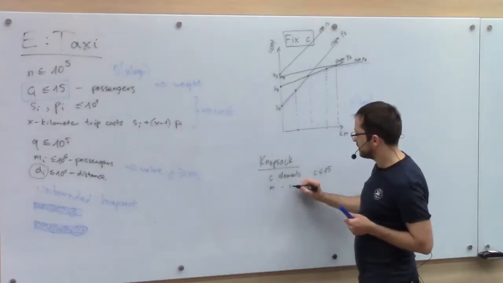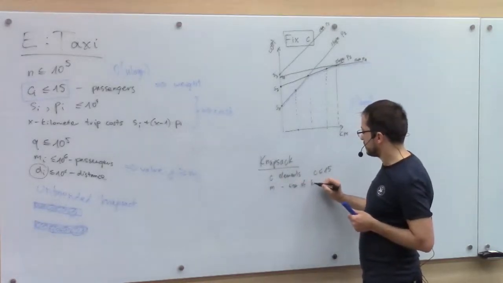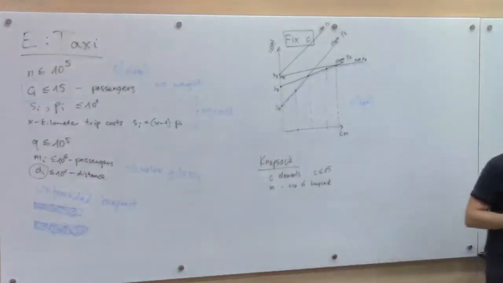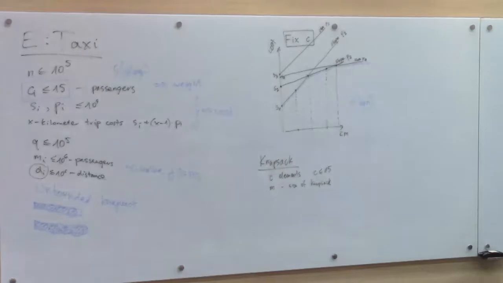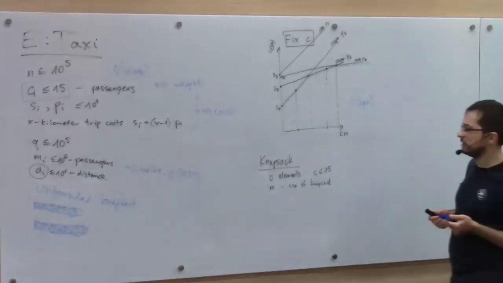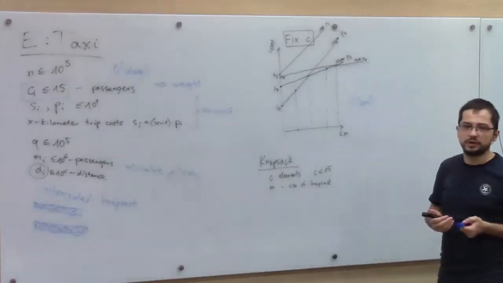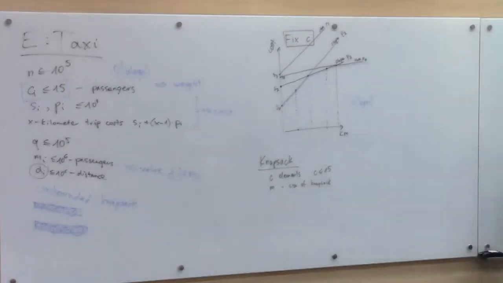So this is the size of the knapsack. Okay, so we know how to make the knapsack algorithm because we covered it during the previous lectures. So we know what is the time complexity of the knapsack.